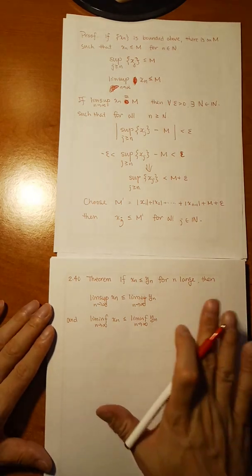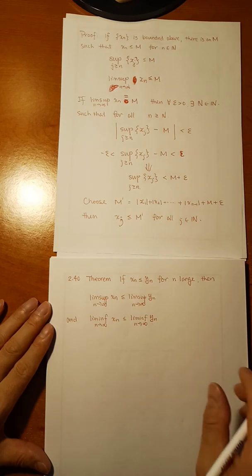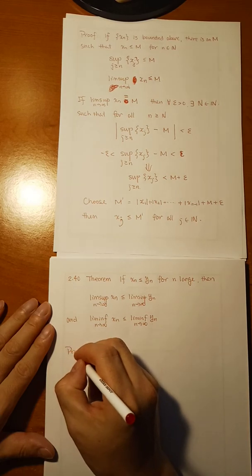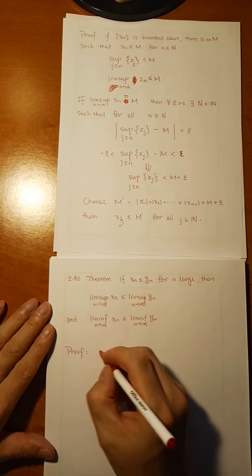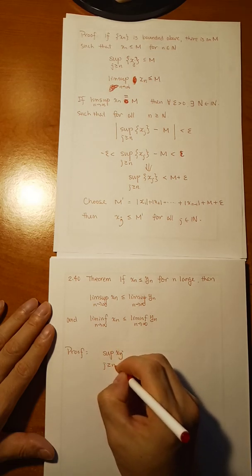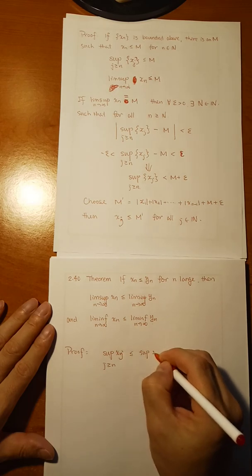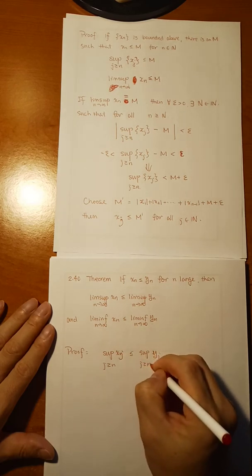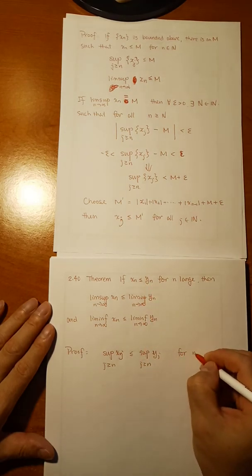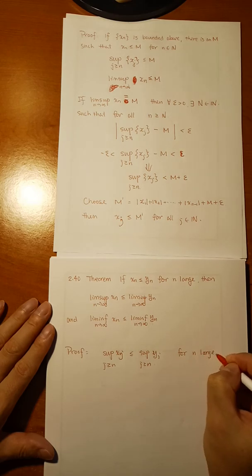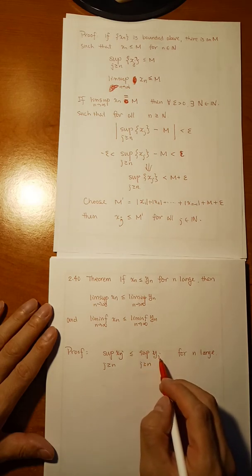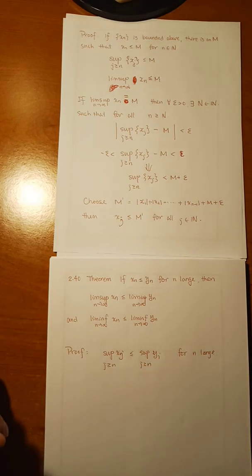And the proof is again an application of the comparison theorem for limits. Why? Because the lim sup and lim inf are defined by the supremum of xj and the supremum of yj. Because xn is less than or equal to yn for sufficiently large n, the supremum of xj, j greater than or equal to n, is less than or equal to the supremum of yj, j greater than or equal to n. That's clear.